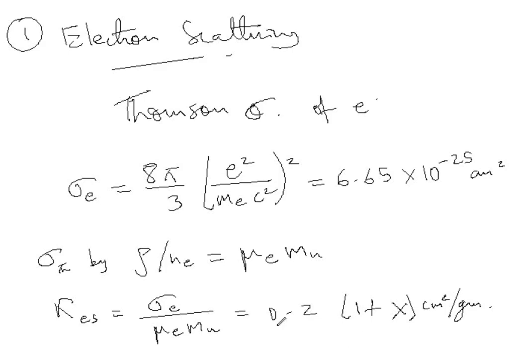And you see, in this last equality, we have assumed that the gas is completely ionized. And in that case, if you will remember our old lecture, in the case of a completely ionized gas, we can write mu_e as 2 by 1 plus X. And this we have used over here.